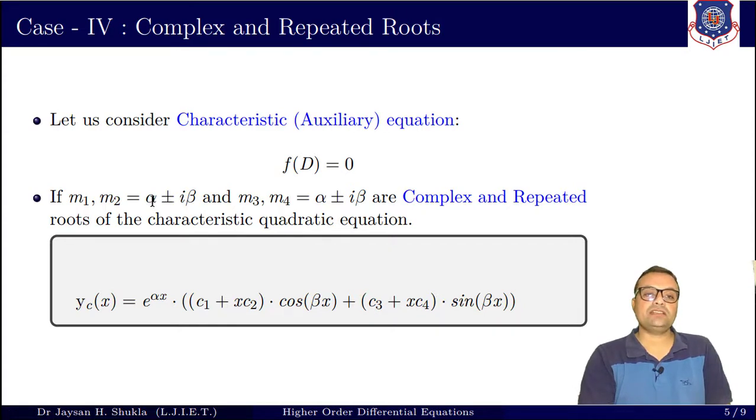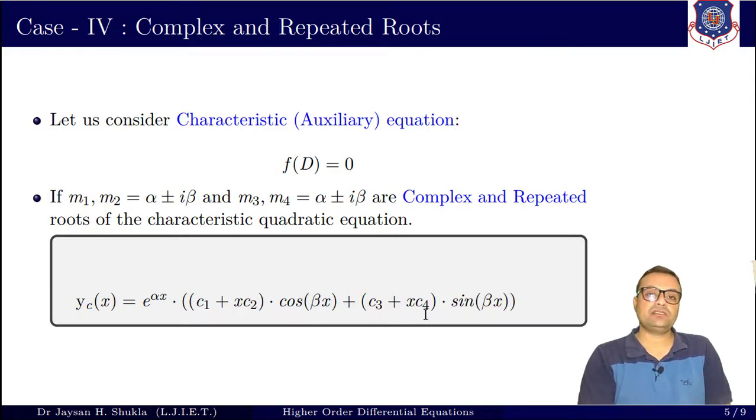Now we can see the real part alpha is for the exponential function, so it is e raised to alpha x, and beta is for cos and sine in our solution. But as our roots are repeated, I am considering c1 plus x c2, c3 plus x c4.